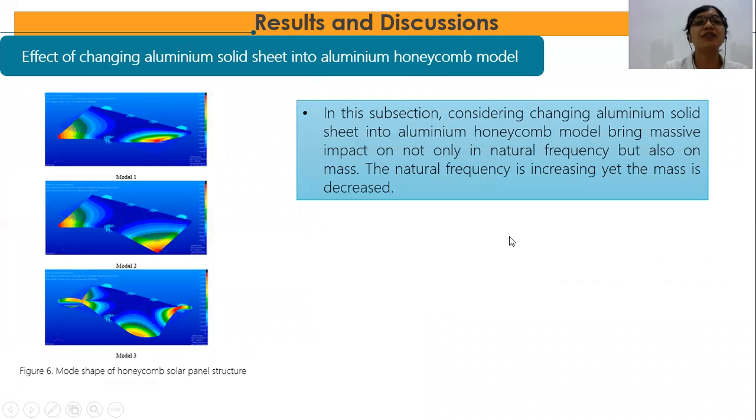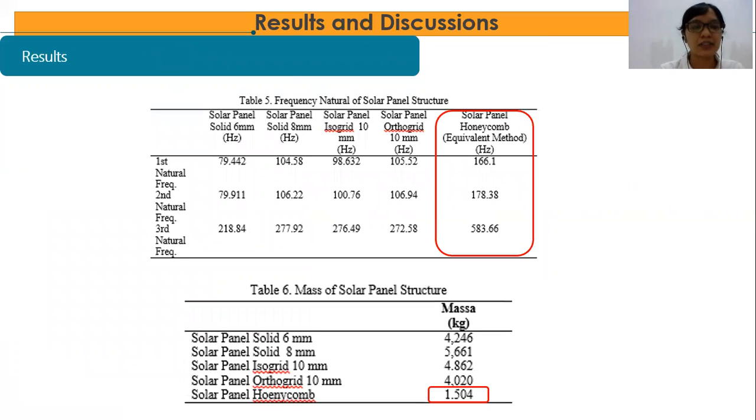Next is the effect of changing the aluminum solid sheet into an aluminum honeycomb model. In this subsection, we consider that changing the aluminum solid sheet into an aluminum honeycomb model brings a massive impact not only on natural frequency but also on mass. The natural frequency is increasing, yet the mass is decreased, as we can see from the summary of the analysis.